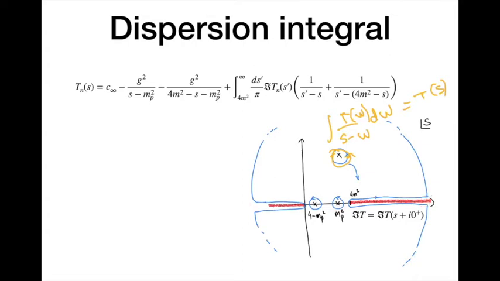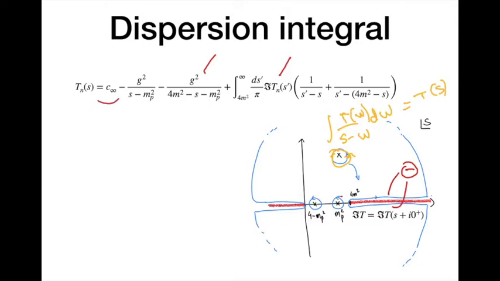Standard stuff. Along the cuts, you relate the imaginary part above and below. There's a minus sign, so you get the discontinuity, which is Im T. You get these guys, which are the integrals along the poles. And that's about it. You also get a constant if T goes to a constant at infinity.